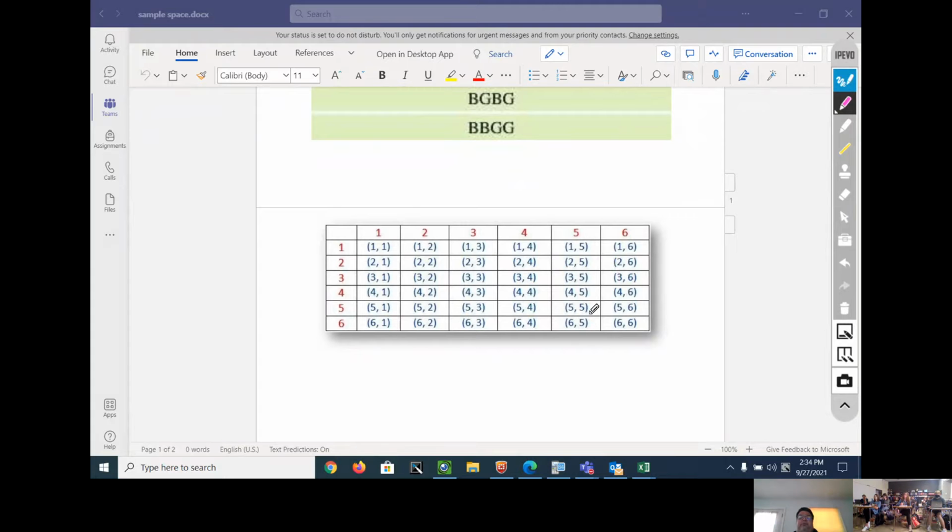Let's see, where is 7? Well, there's 3 and 4, 2 and 5, 1 and 6, 4 and 3, 5 and 2, 6 and 1. So what's the probability? 6 out of 36, which is 1/6.